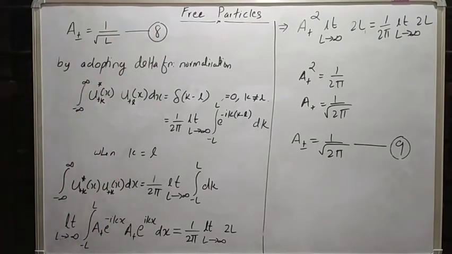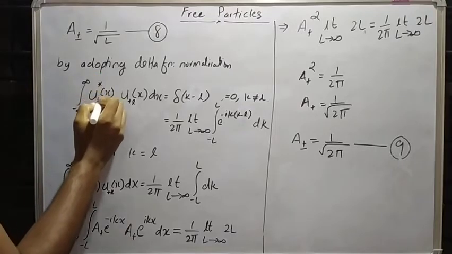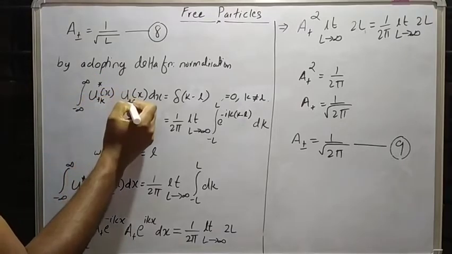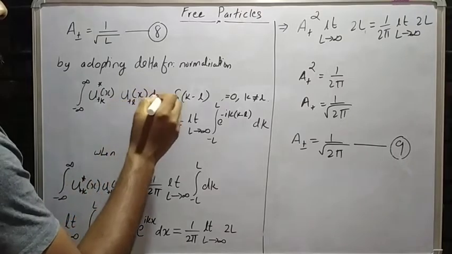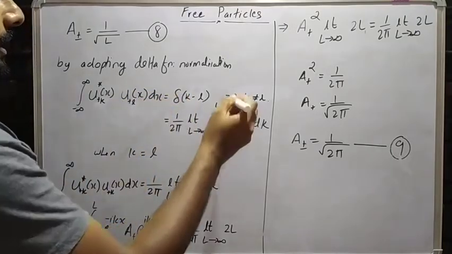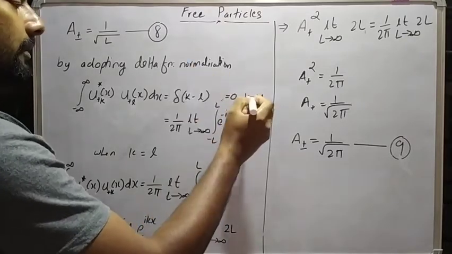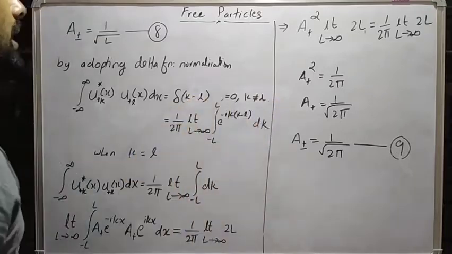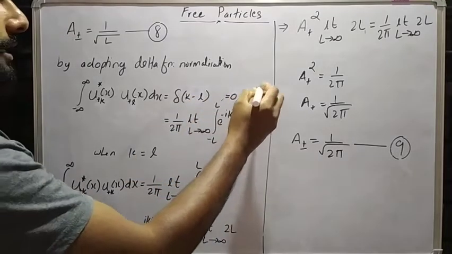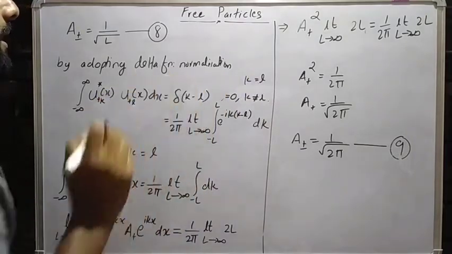This is equation 8. And in another way, by adopting delta function normalization, we will get integral minus infinity to infinity u plus k star of x u plus L of x dx is equal to delta of k minus L. That is equal to 0 if k is not equal to L, and if k is equal to L, this is not exactly 1.